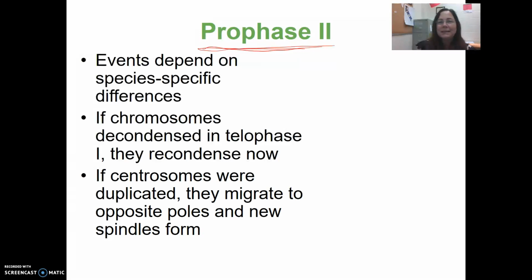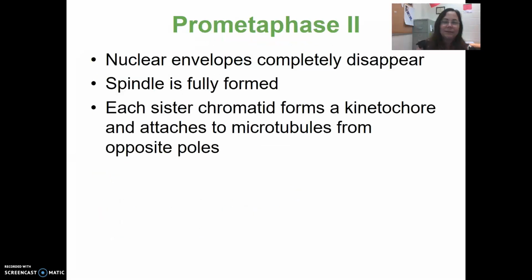But in some species this doesn't happen, so the chromosomes never decondense. In prometaphase two, the sister chromatids have kinetochores that are attached to the spindle fibers or spindle microtubules. Same thing that happened in prometaphase of mitosis.